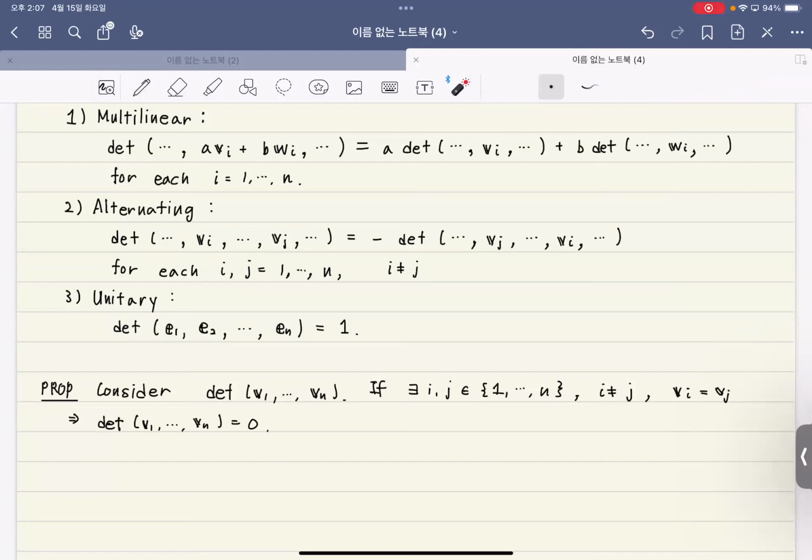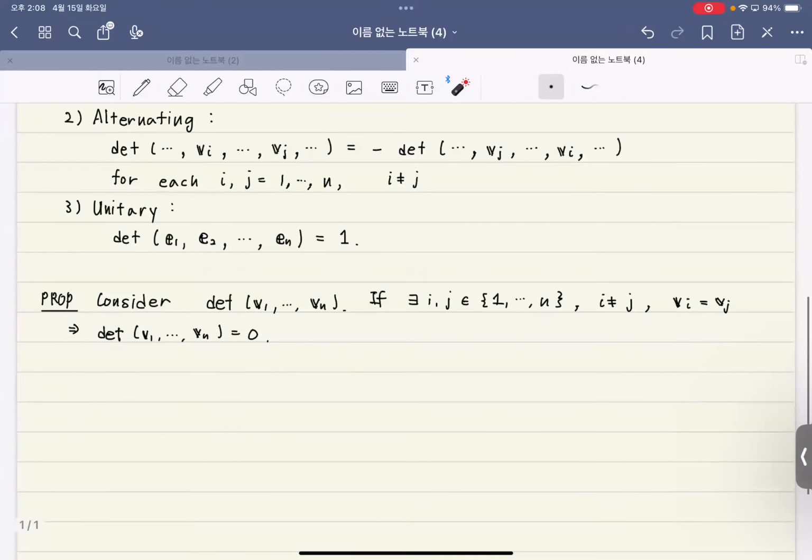In other words, suppose that you have a matrix that has two same row vectors. Then the determinant of that matrix must be 0. Okay. So if you have two identical rows in your square matrix, then the determinant of that matrix must be 0.